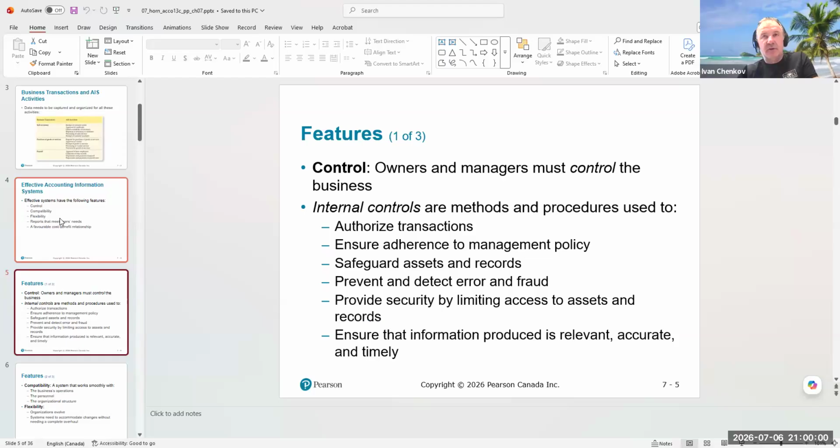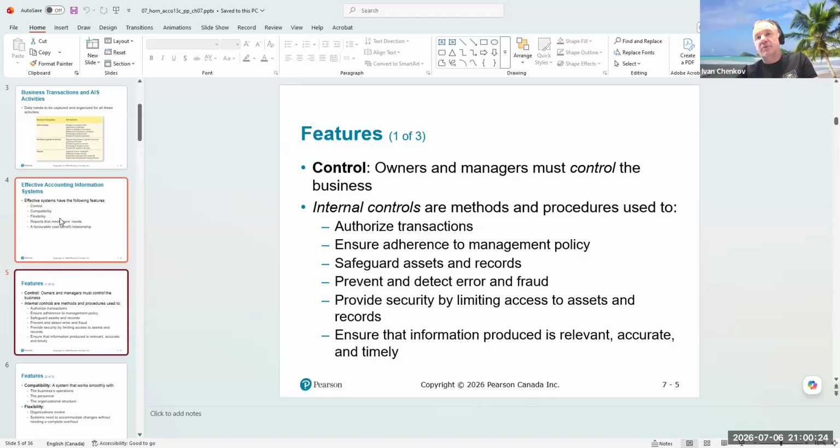Features. Again, let's go with the first one: control. We need to control who entered the information, how we're using the information, how we're applying the management policy, and how we're safeguarding the assets and records. It has to have a system to prevent errors and fraud.